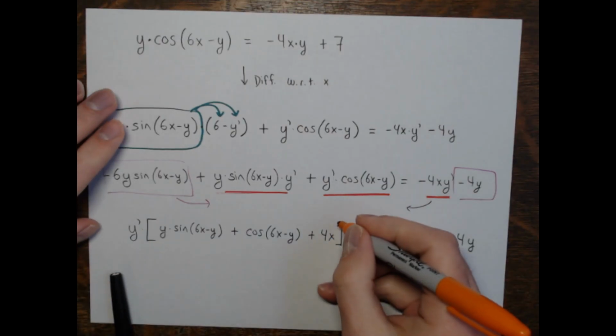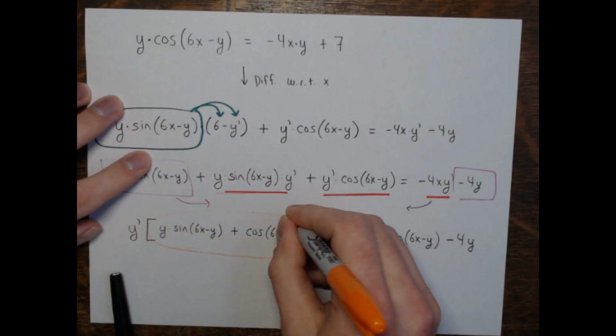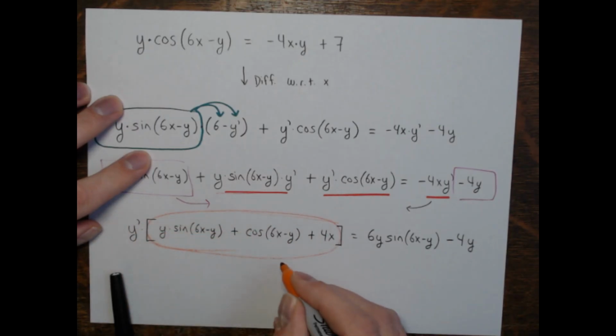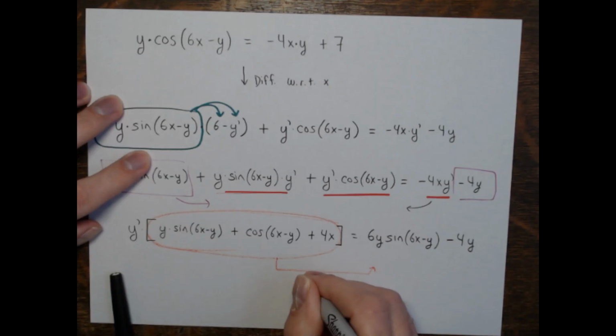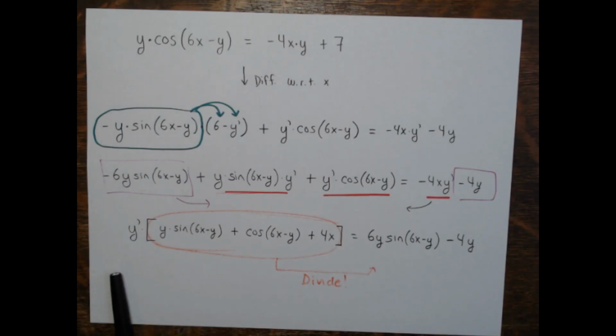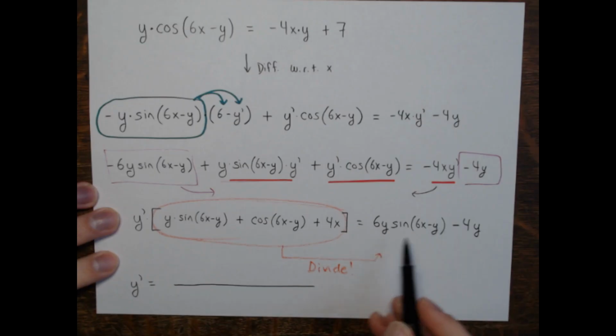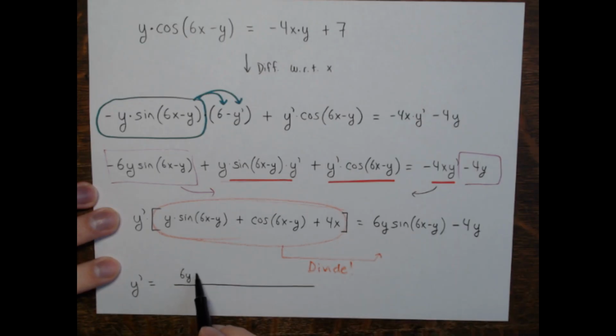And then finally, taking the expression times y prime, this whole thing, I divide by that expression and get y prime alone. So y prime equals 6 times y times the sine of 6x minus y, minus 4y.